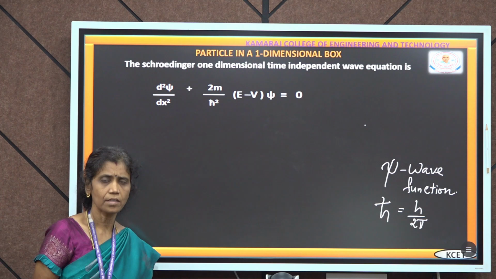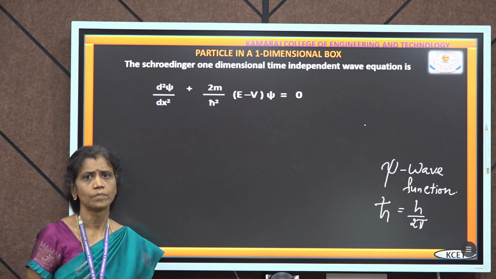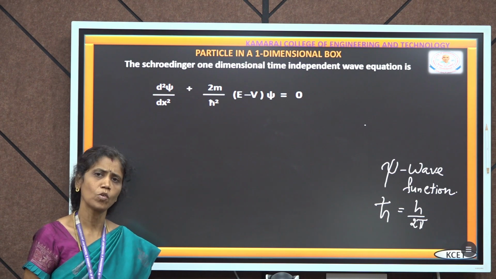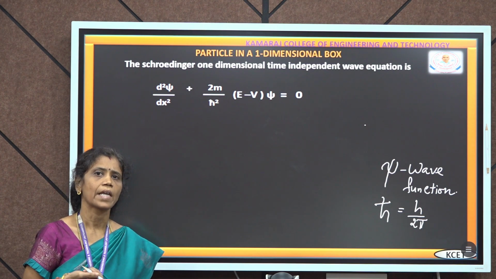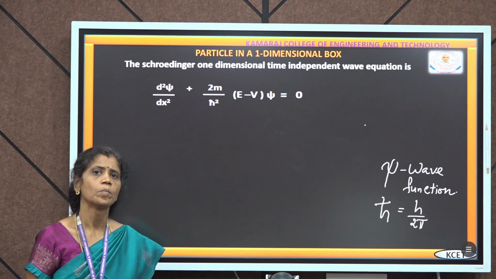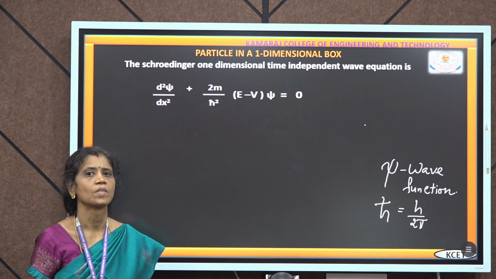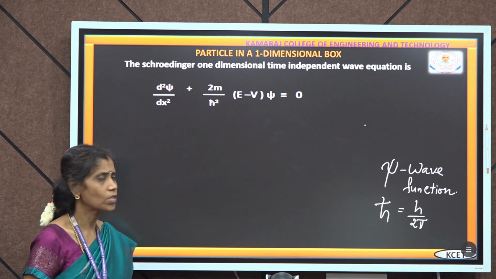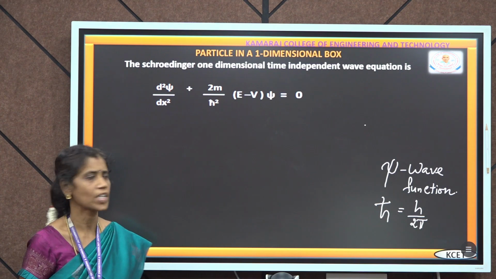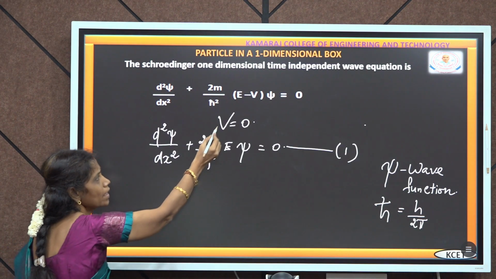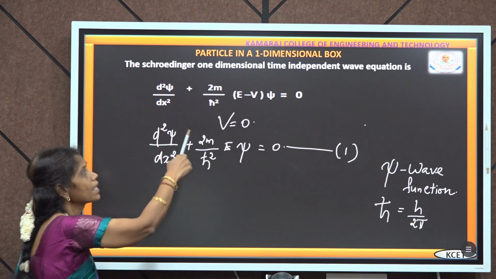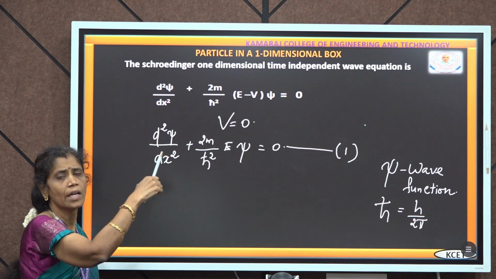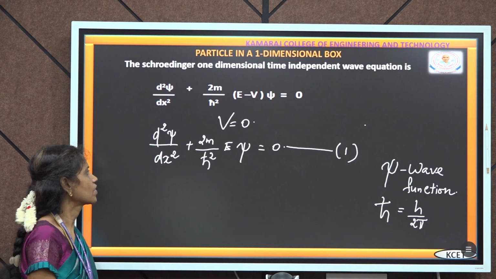In our system, the electron is moving inside the box. So inside the box, the electron has no potential energy. So V is equal to 0 inside the potential box. We substitute V is equal to 0 in the Schroedinger time independent one-dimensional wave equation.